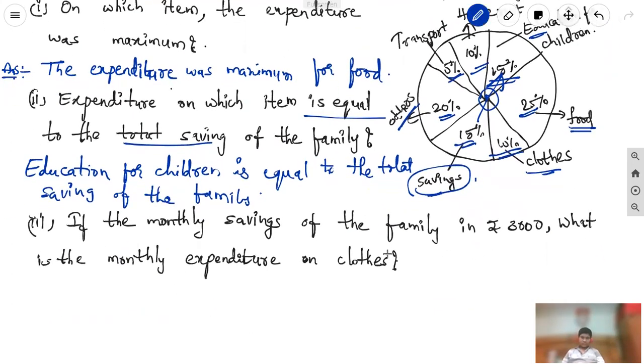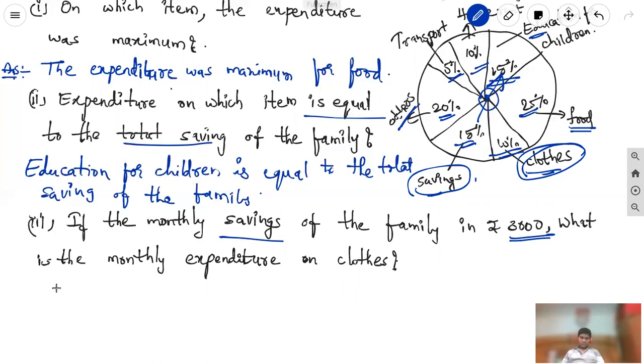Next, third one. If the monthly savings of the family is 3,000 rupees, what is the monthly expenditure on clothes? The expenditure on clothes is 10 percentage, the savings 15 percentage.